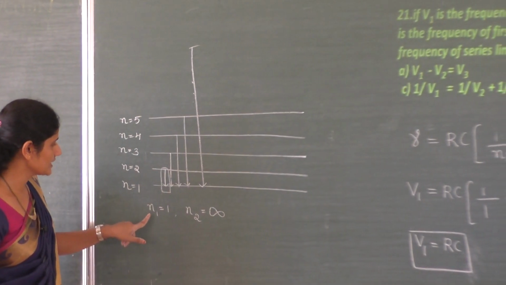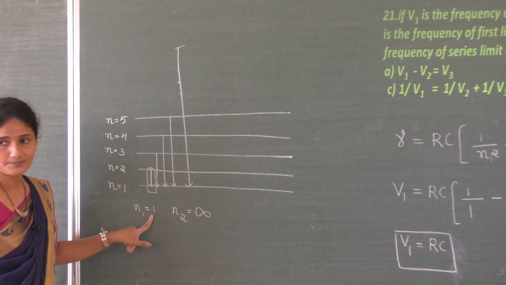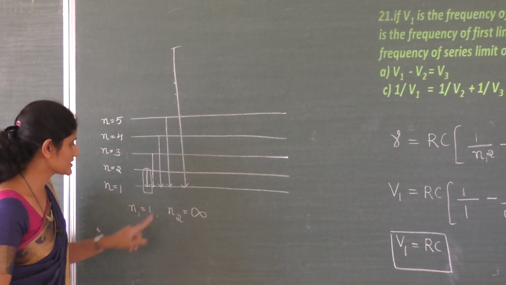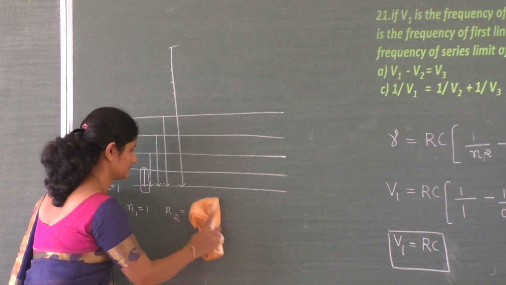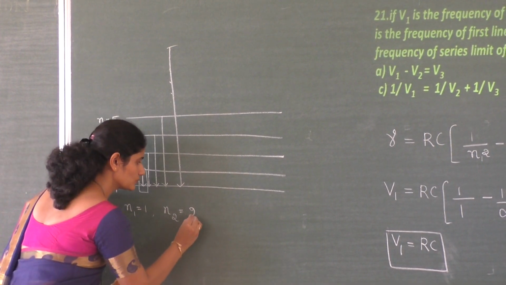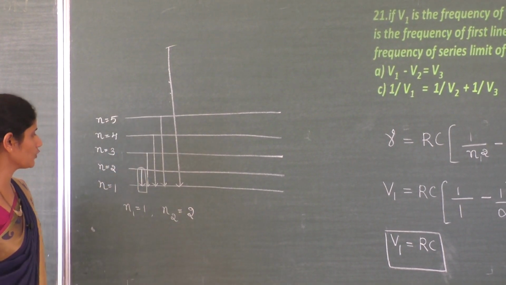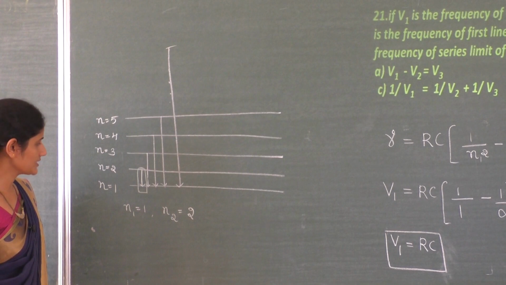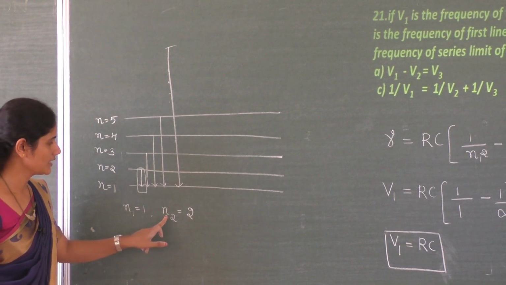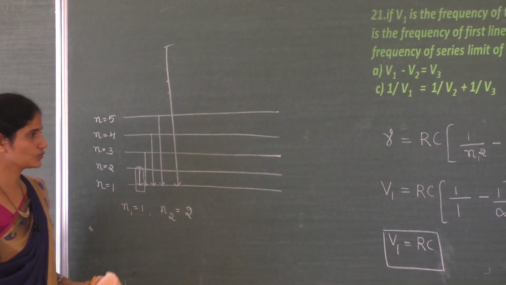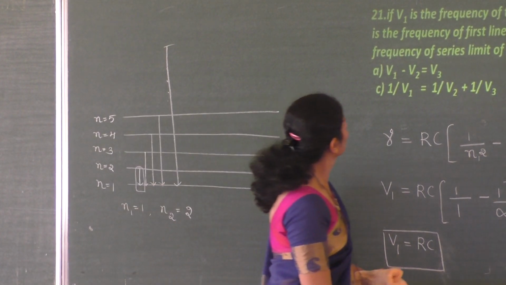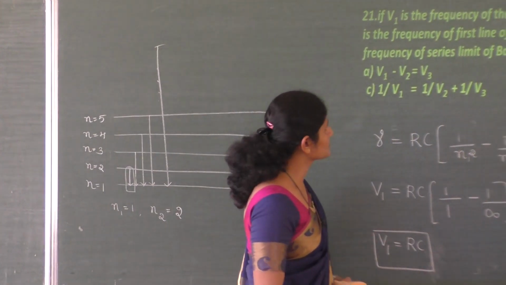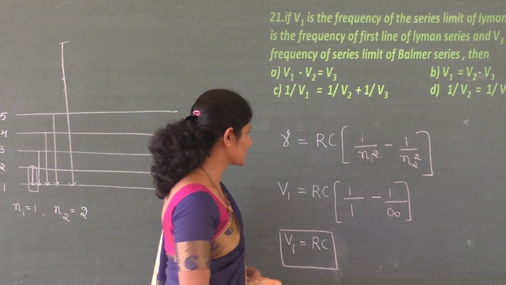For the first line, n1 is equal to 1 and n2 is equal to 2. For this, the frequency is denoted by V2.